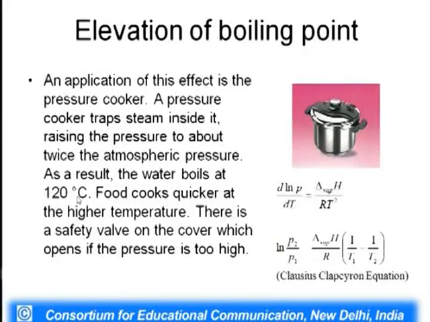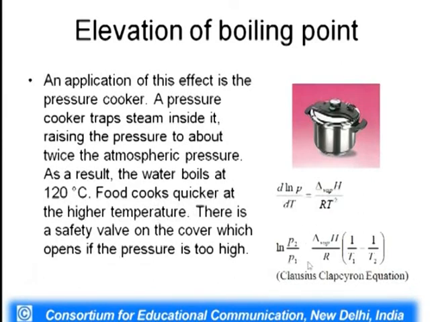Now, again, elevation of boiling point. In a pressure cooker you are simply applying pressure so that the boiling point of water increases. You can increase the boiling point of water beyond 100 degrees Celsius, up to 120 degrees Celsius, and food cooks quicker at higher temperature.